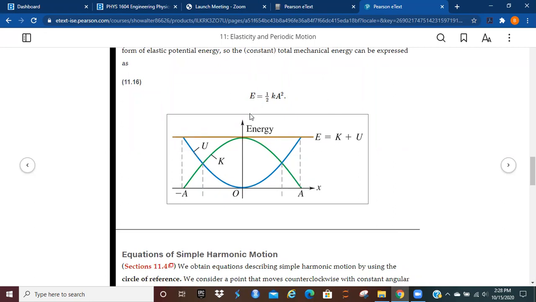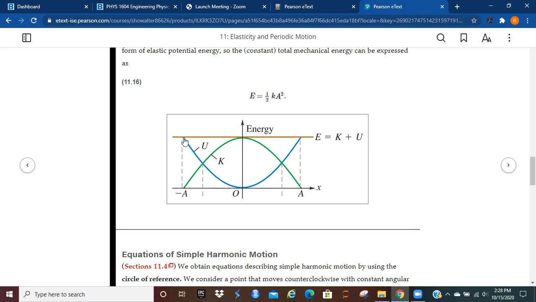If you were to graph this, you've got your displacement on the x-axis. It goes out to a maximum of A, and goes to a minimum of minus A. The energy, if you plot it on the y-axis, the total energy is going to be constant. If you look at the extremes of motion, all of your energy is going to be potential energy, in other words, this blue line.